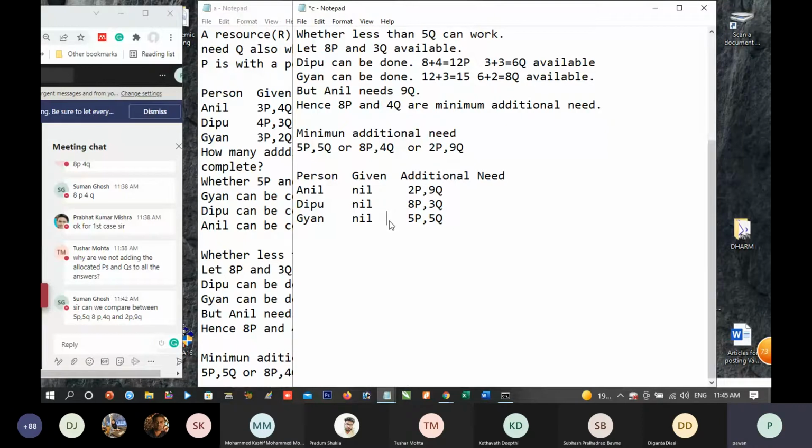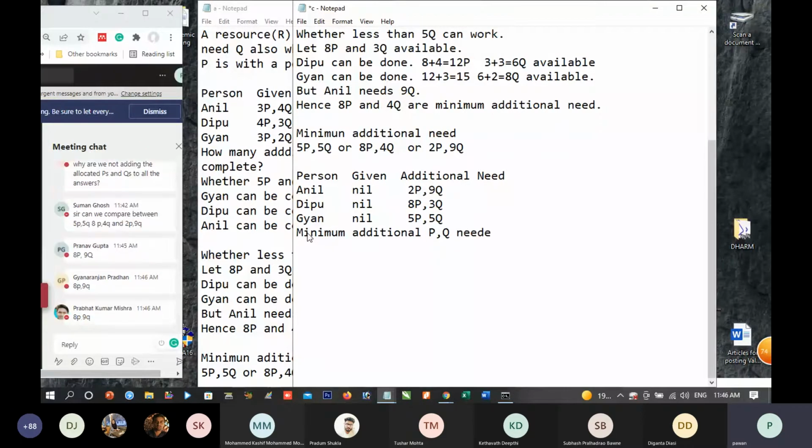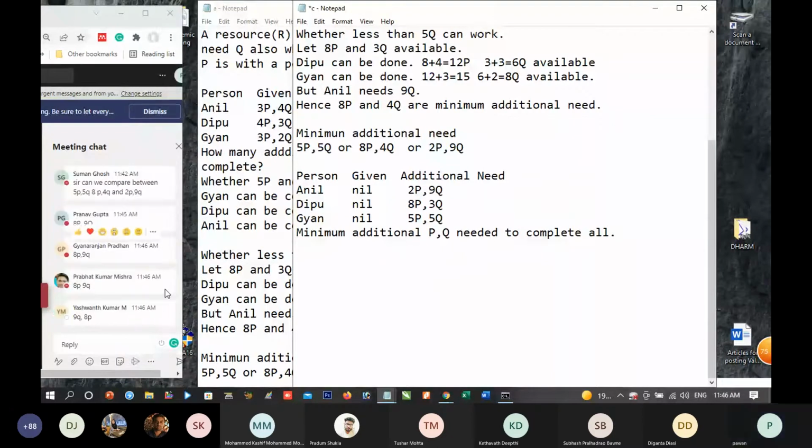Give me the answer in this case. Minimum additional PQ needed to complete all. Simple.